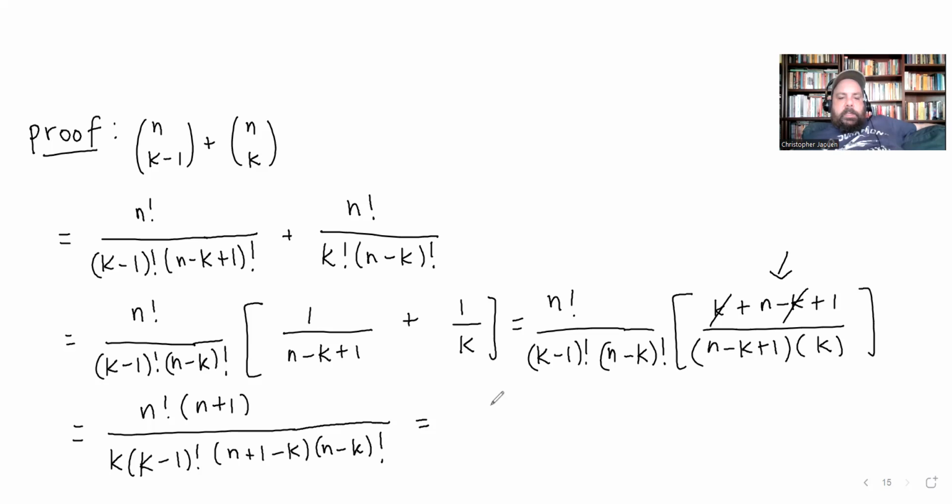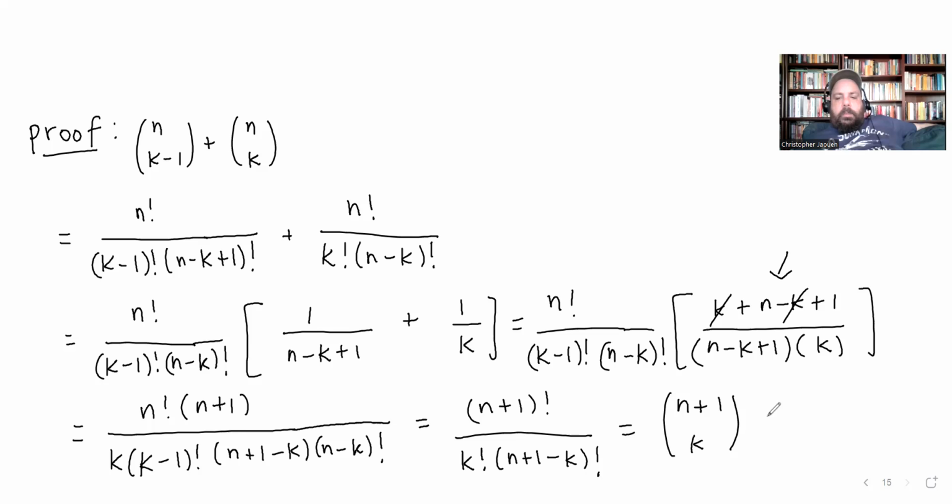Which is the same thing as n plus 1 factorial divided by k factorial times n plus 1 minus k factorial, which is the same thing as n plus 1 choose k, and that proves the identity.